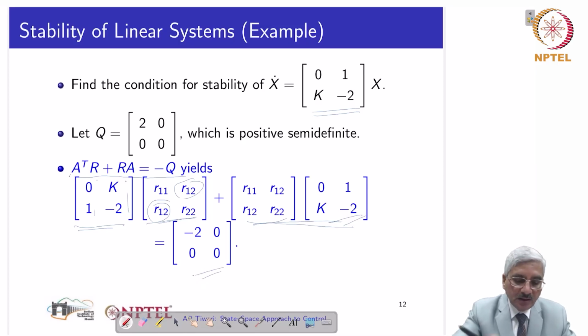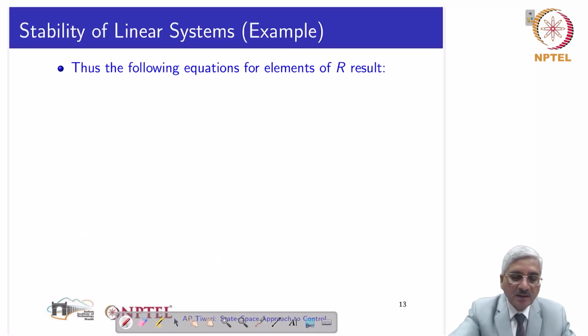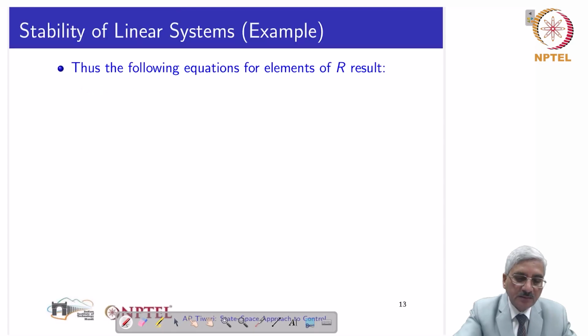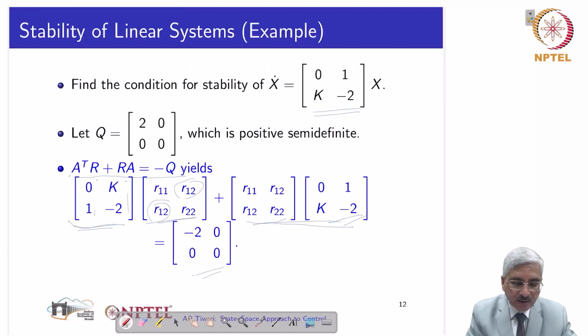And when we do the various manipulations and compare the terms on the left with those on the right, so that A transpose R plus RA, let me go back to the previous slide. A transpose R will be a 2 by 2 matrix.